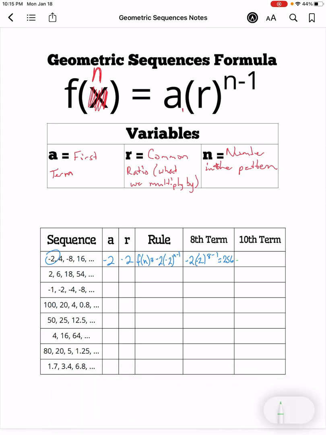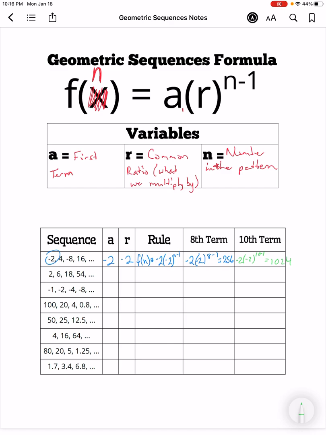So we would say -2 times -2 to the 10 minus 1. And that would give us 1,024.